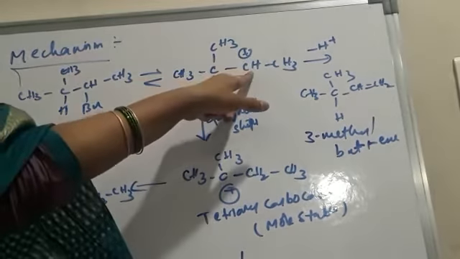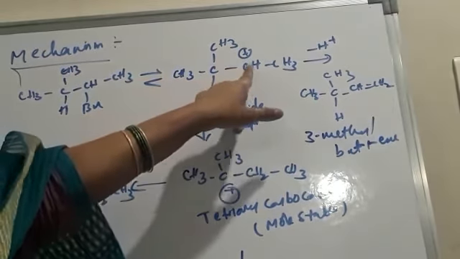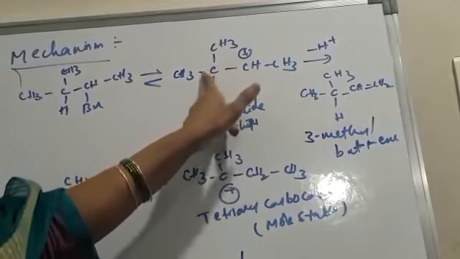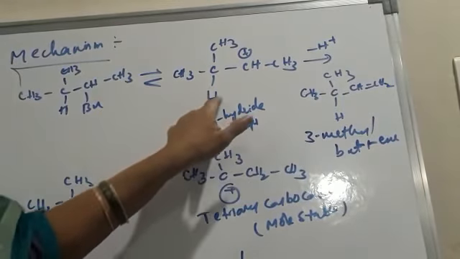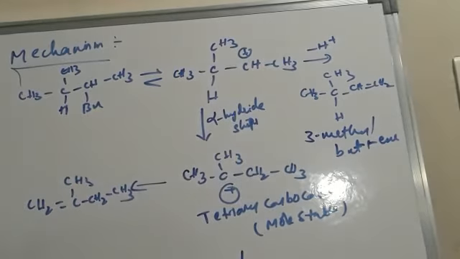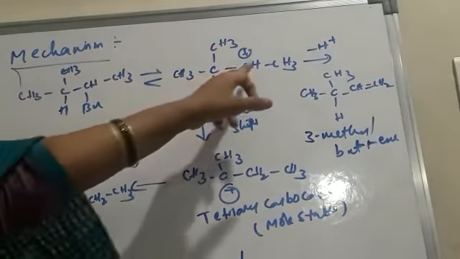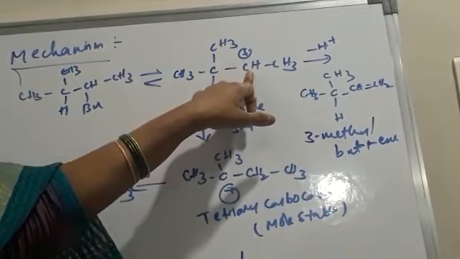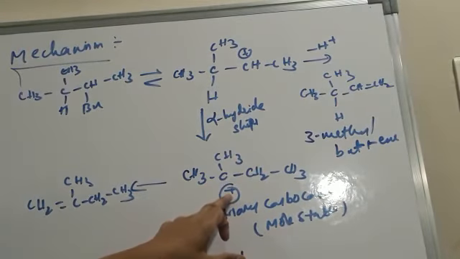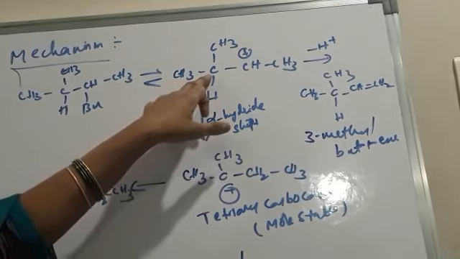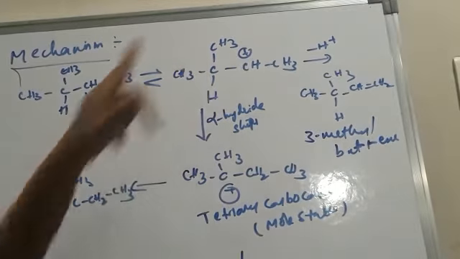This is the secondary carbocation, carbon linked with two other carbon atoms. Due to the shifting of hydride, meaning H minus, towards the positive charge, the positive charge is acquired by this carbon, and this is the tertiary carbon.